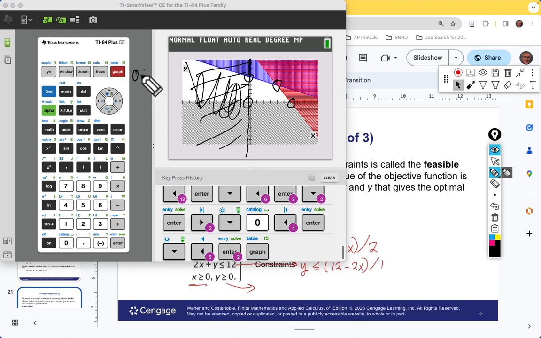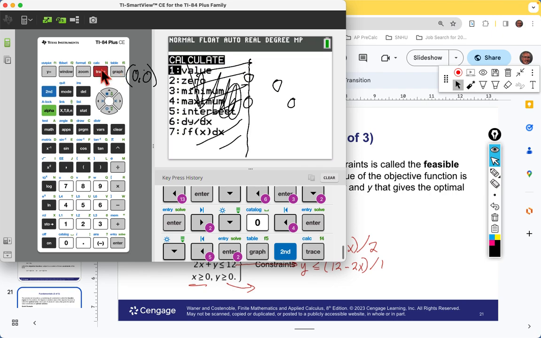So 0, 0 is a solution, and then 0, whatever that is. So there's a couple tools we can use here. I'm going to go second, trace, which is the calc button. It's a little messy right now because I've drawn on it. What I'm going to do is go to number 5, intersect.